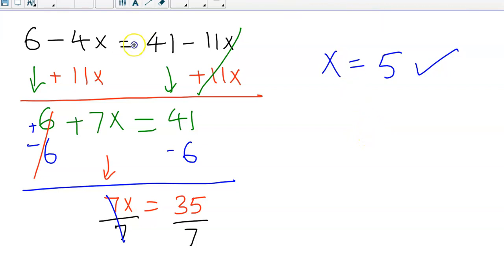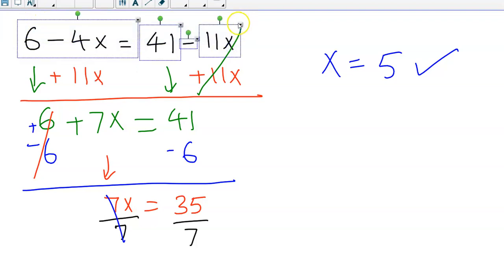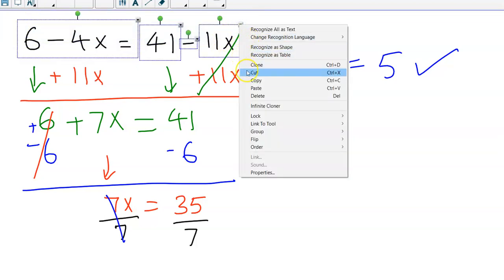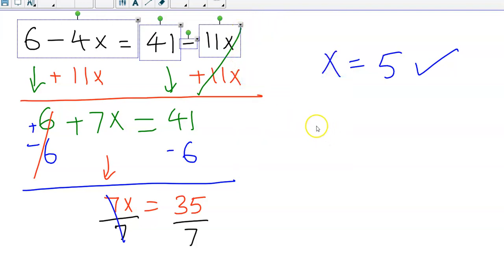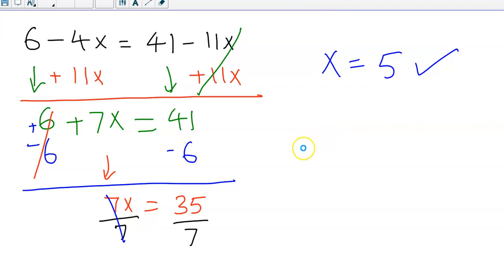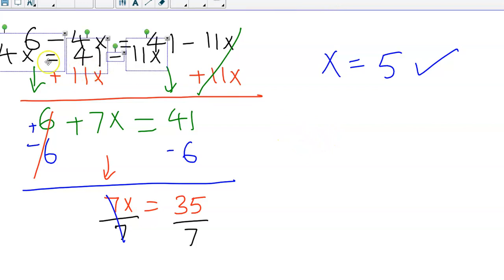And do you want to verify your answer? Let us see. I'll substitute. Let me show you here.